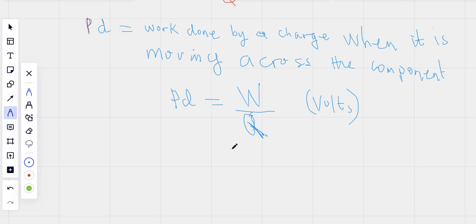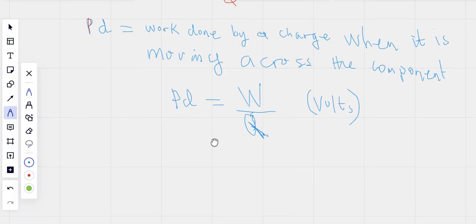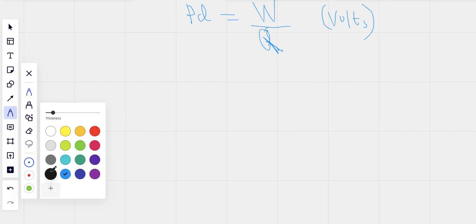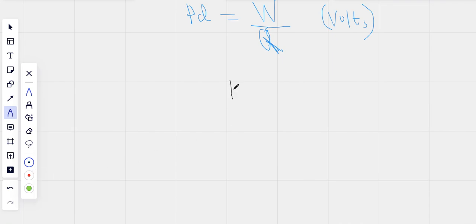Okay, now let's take a look at a circuit component and show where we have a potential difference. Let's say this is our power source, the battery. And then we have a resistor here.